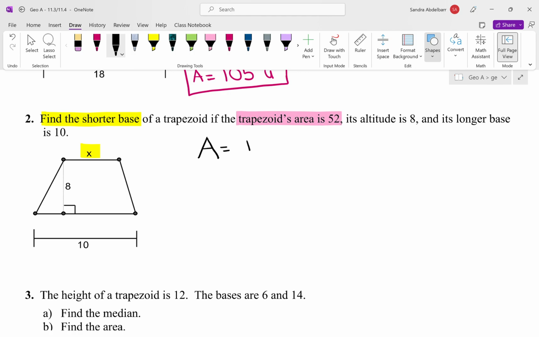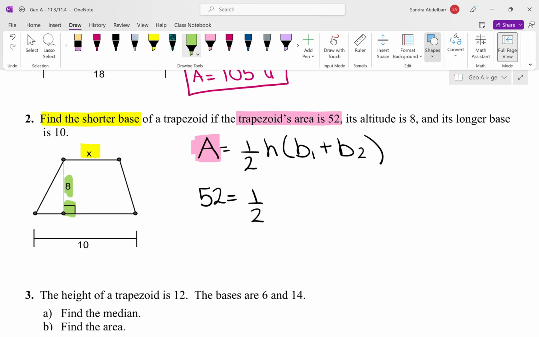Area equals half the height, open our parentheses, base 1 plus base 2. Now that 52 is going in for which variable? A. That 52 is going in for A. So 52 will equal half. Do we all agree our height is 8 because of the right angle? So our height is 8.